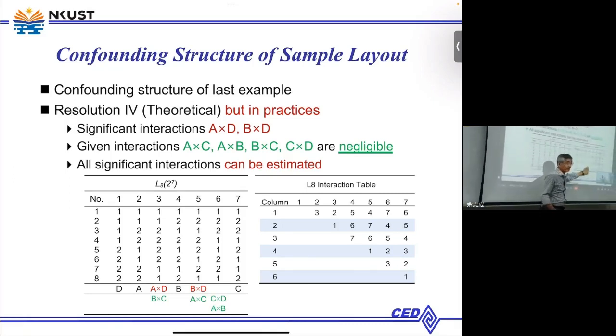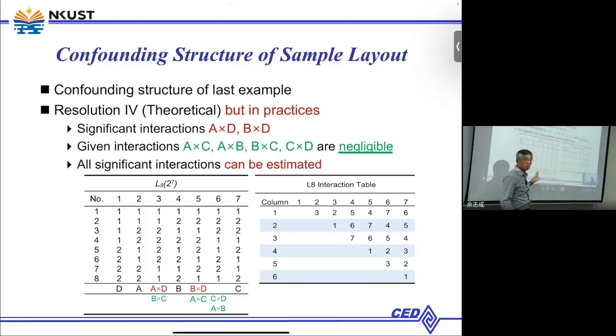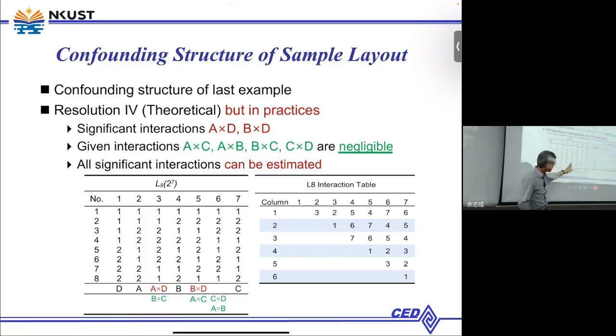From the interaction table, we can get the confounding structure. And this is the confounding structure. What is the design resolution for this design of experiment? 5, 4, 3.